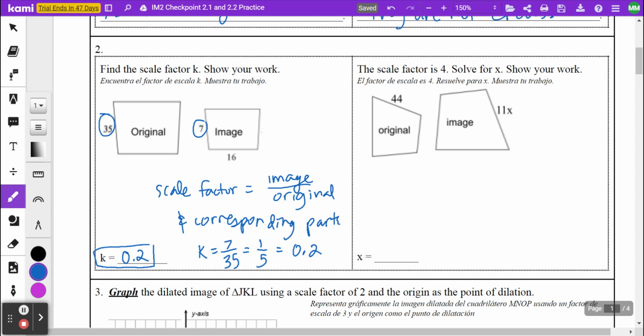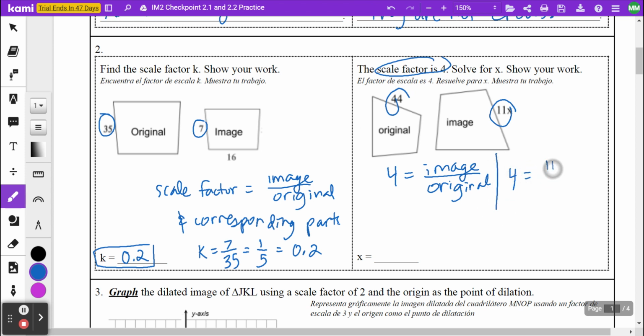Now for the next one, the scale factor is 4. So I know 4 equals image over original, because the scale factor is 4. And now we're going to solve for x. My image should be 11x and my original should be 44. So I'm going to have 4 equals 11x over 44. Wow.